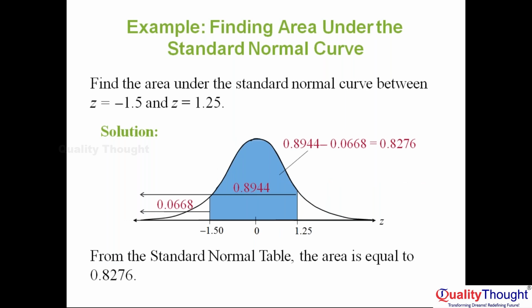In the same way, we can always identify the area between two different z scores. Exactly, it will give us the results from the left hand side. Why? Because on the left hand side, it starts from 0. The left extreme, I have already showed you.